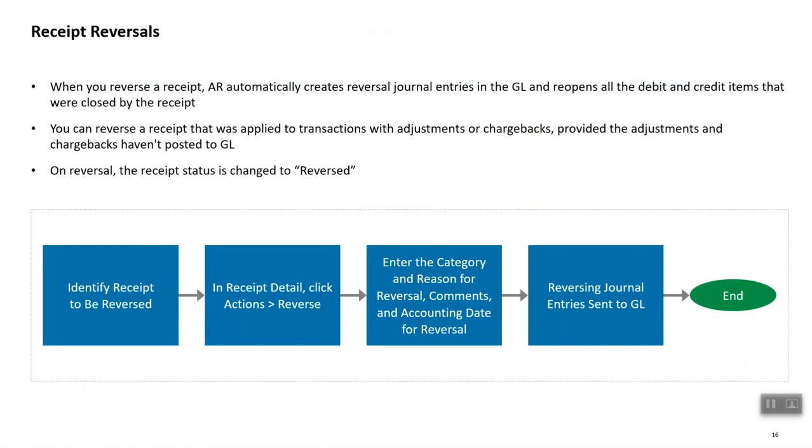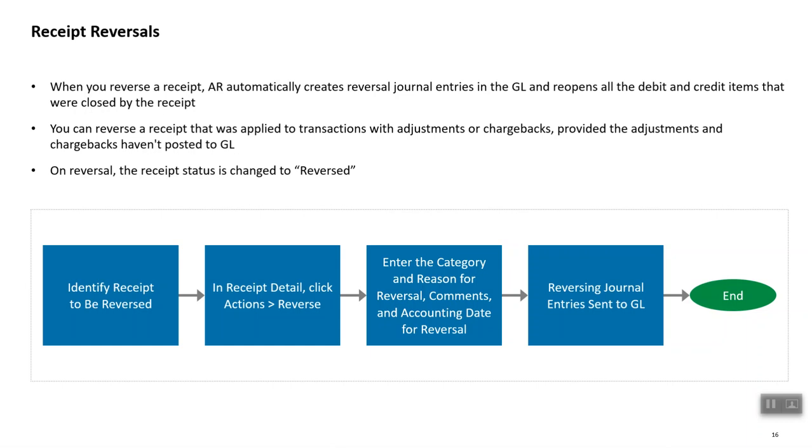GL. So you created a receipt, and you put the accounting entries to the GL module by running create accounting. Now you don't have any other option. The system will not allow you to delete that particular receipt, because you've already sent the entries to the general ledger module. So what you can do is reverse that particular receipt. When you reverse a receipt, AR automatically creates reversal journal entries in GL, and it reopens all debit and credit items that were closed by the receipt.